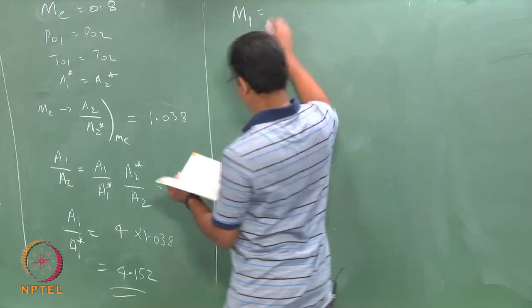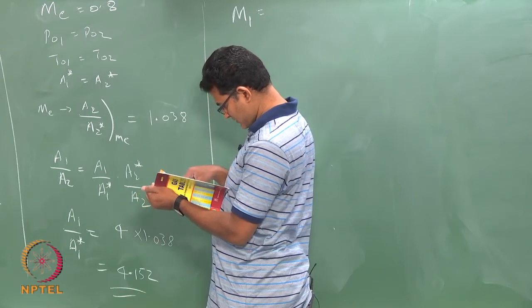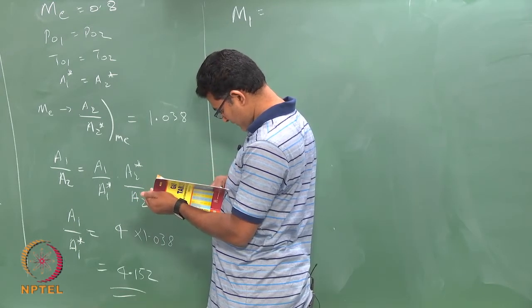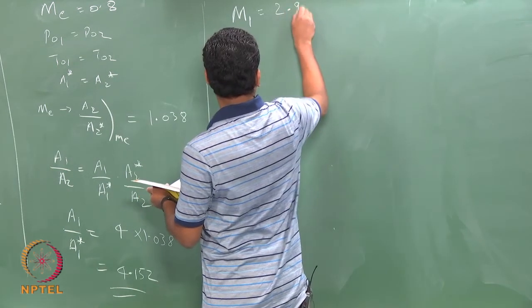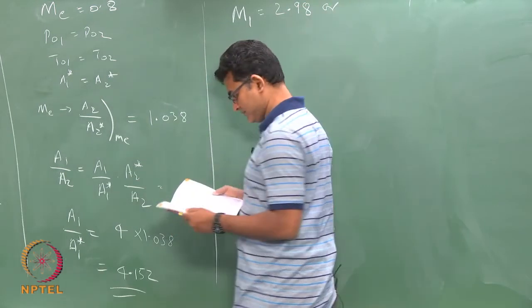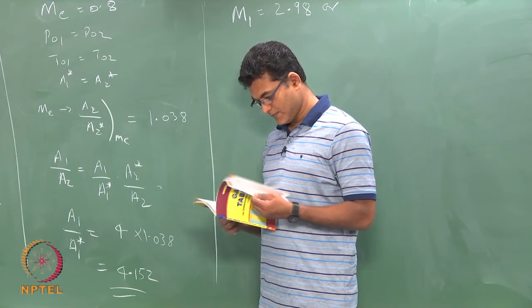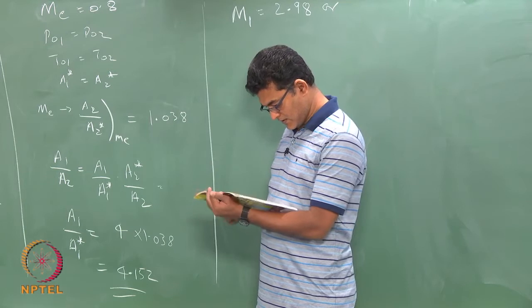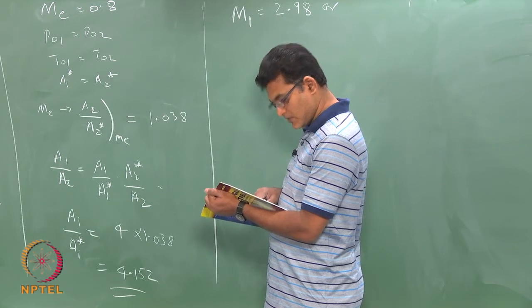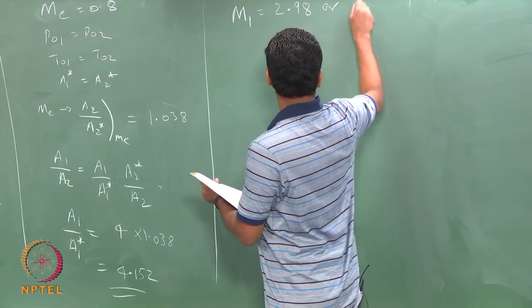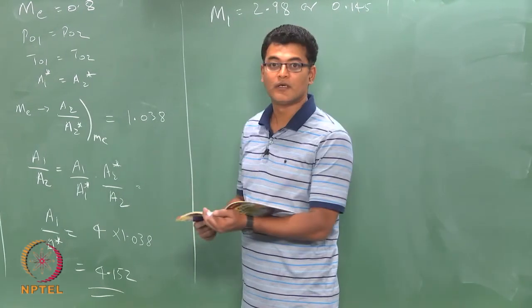So, my supersonic value is approximately 2.98 or 0.145, correct.